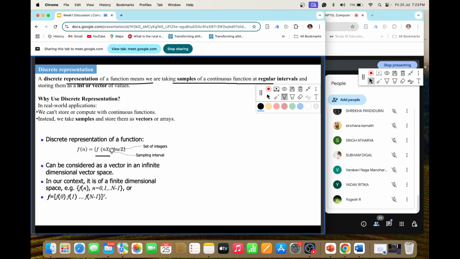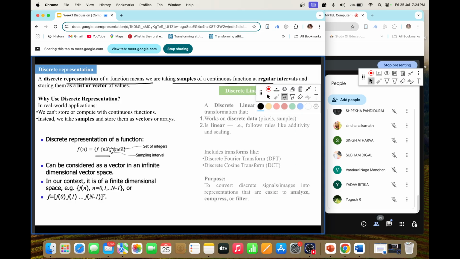It is easy to perform our operations on discrete functions. That is why we are always interested in converting our continuous function to a discrete function. So this is the concept.